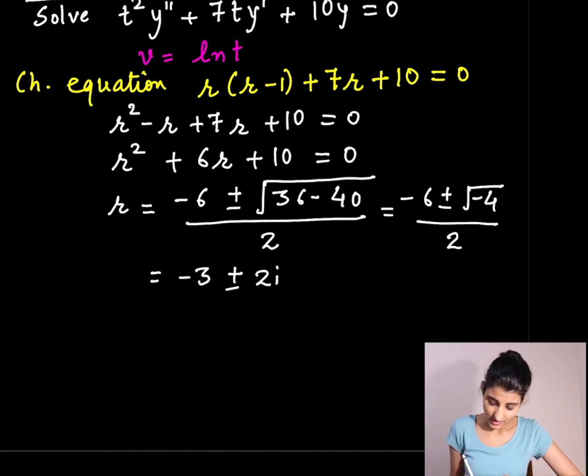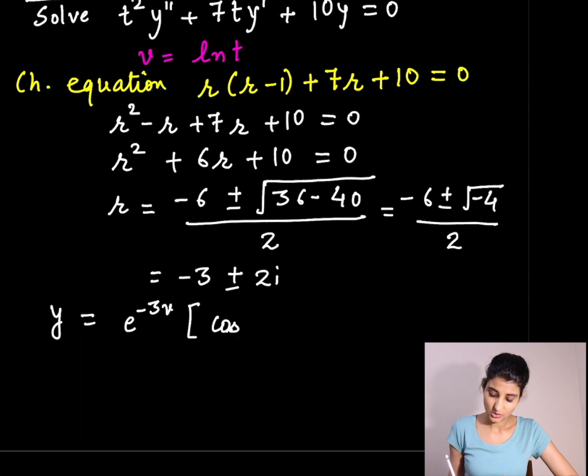So y is equal to, remember our independent variable is v, e^(-3v) times (c1 cosine v plus c2 sine v).